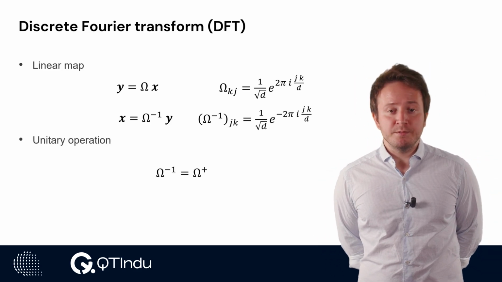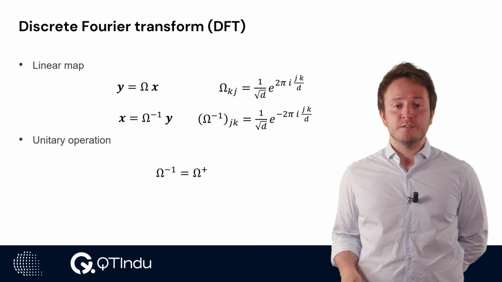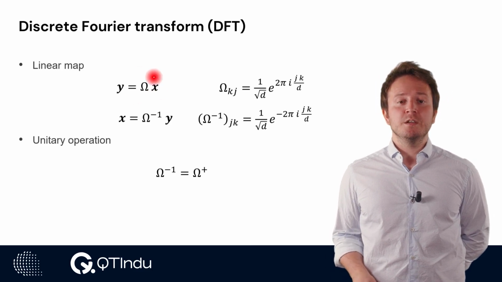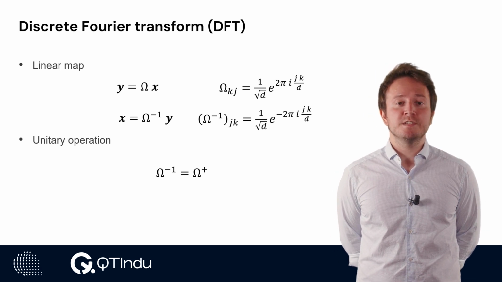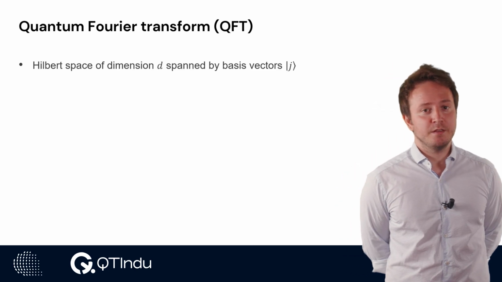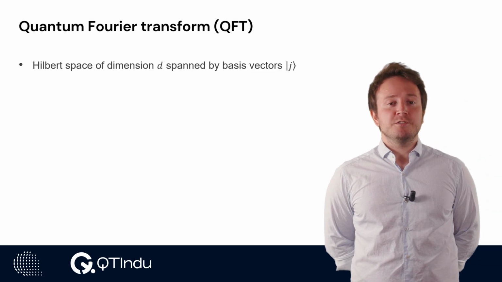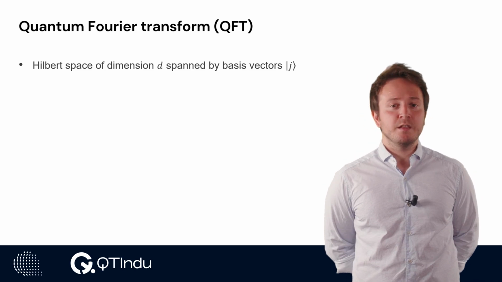Now, very importantly, the inverse transform is actually given by the Hermitian conjugate of this matrix omega. What this means is that this is a unitary operation, and as such, it's a valid quantum operation. This allows us to define a quantum Fourier transform, or in short, QFT.